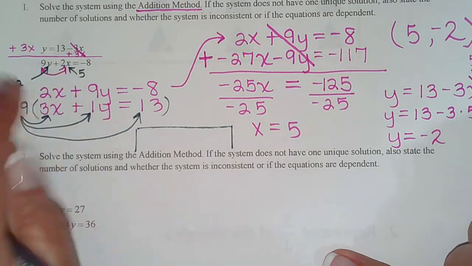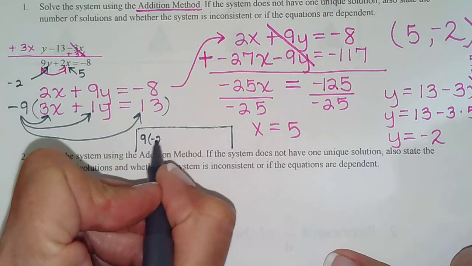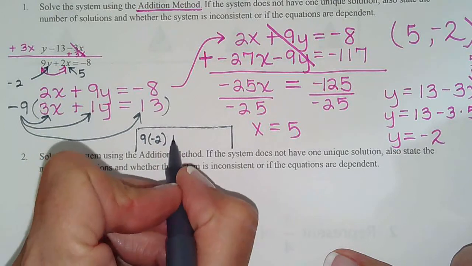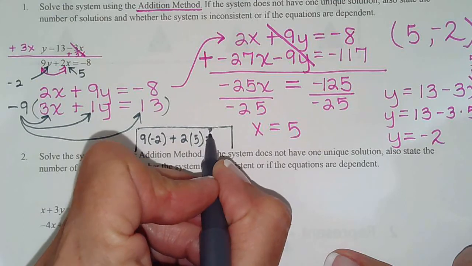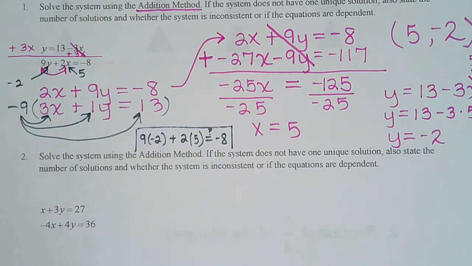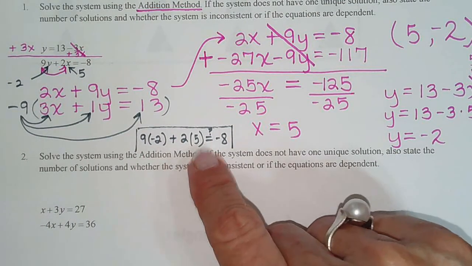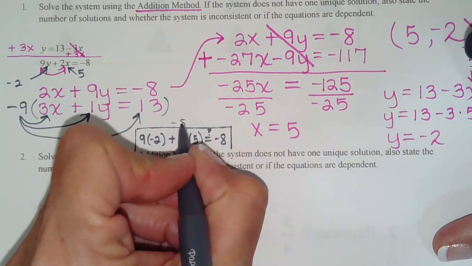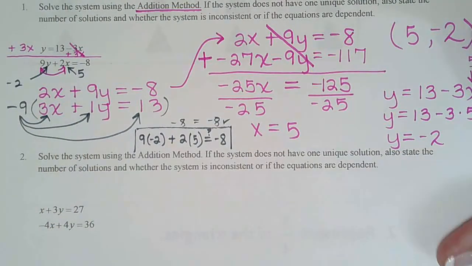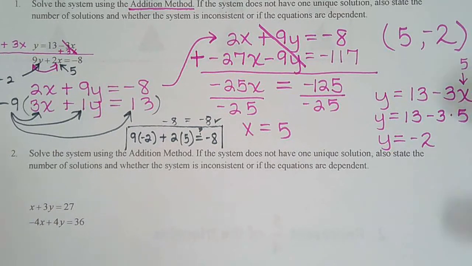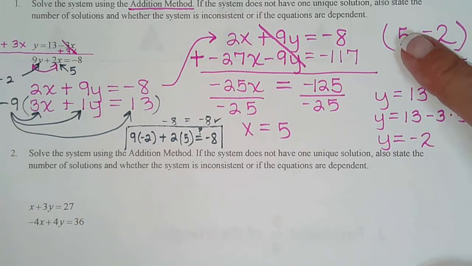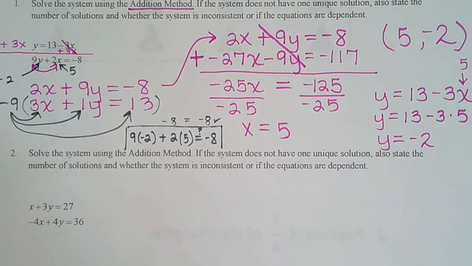So 9 times -2 plus 2 times 5, does that give me -8? All I have to do is write that step, then I can do the rest in the calculator. Actually, in my head, -18 plus 10 is -8. So -8 equals -8. So in 10 seconds, I did a check, and I can walk away now and know without a doubt that I got this one correct, because I checked the first point into here, and then I did a quick check with the second line.